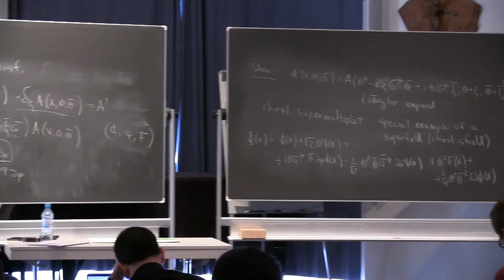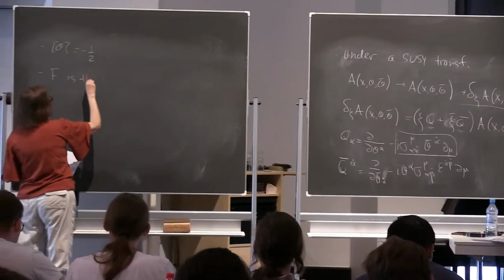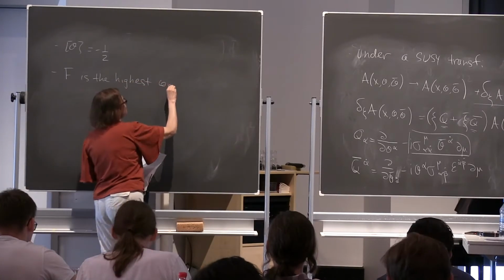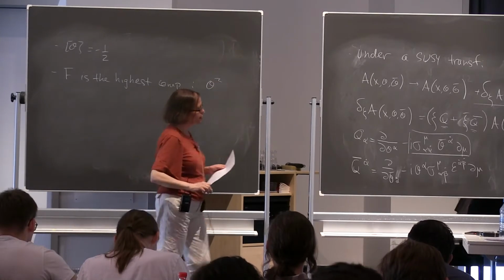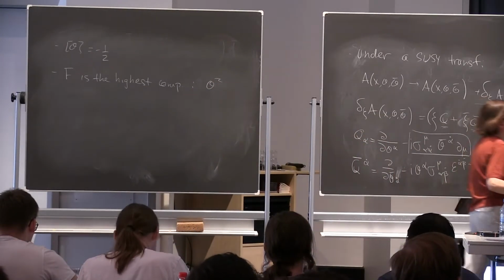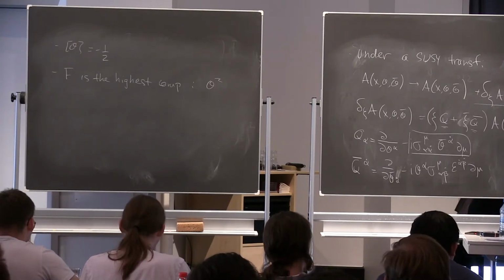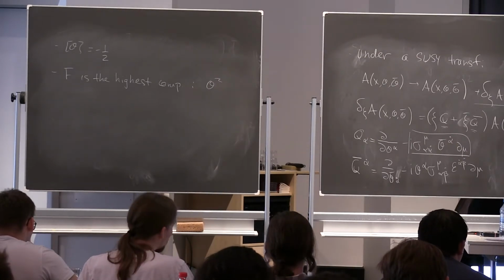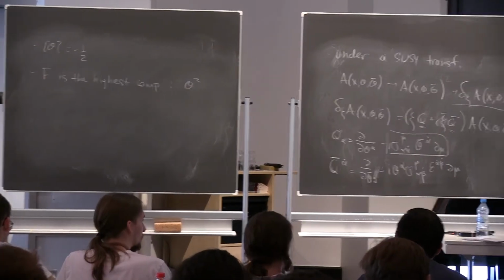Another thing that we can notice is that f is the highest component field. It's the coefficient of theta squared. So you'll see that if I look at things that don't have any derivatives in them, phi x multiplies no thetas, psi multiplies a single theta, and f multiplies 2 thetas.